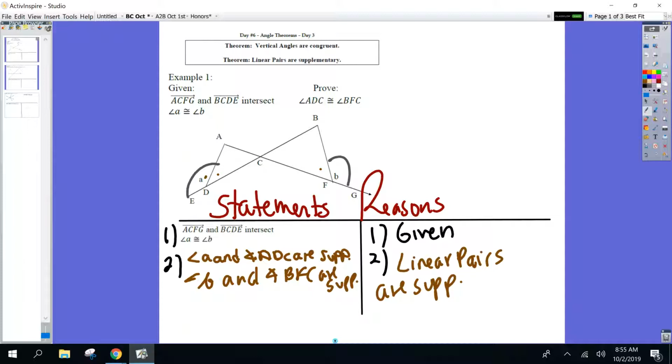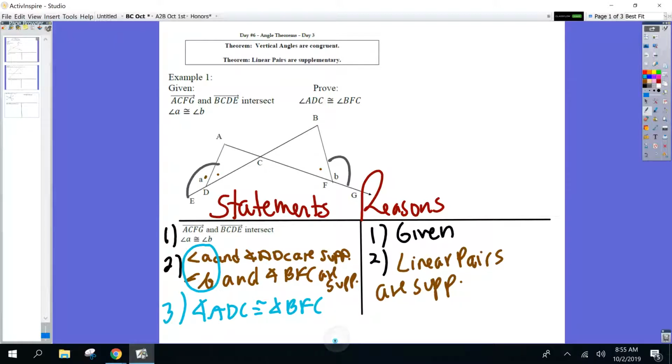Now that you told me they exist, again, recapping, what do I know about angles A and B? Anything supplementary to them also has to be congruent. In this case, angle ADC is congruent to angle BFC.